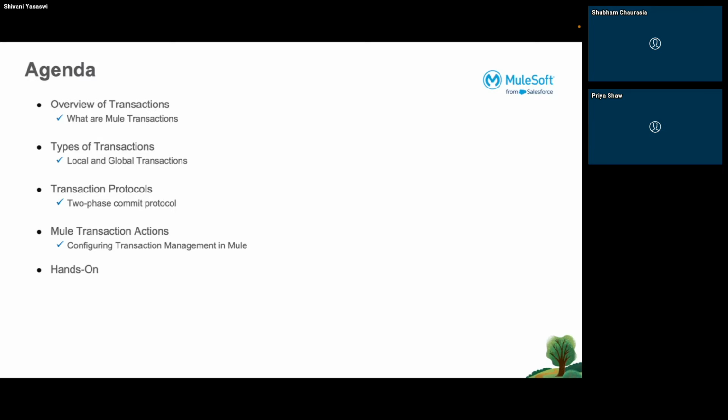Then we'll have a hands-on demo with transactions through DB connector, and we'll discuss a little bit about the usage of Bitronix that is provided by MuleSoft to manage transactions. After which we'll have a small networking session and a Q&A session. So, without any further ado, let's proceed with today's agenda.